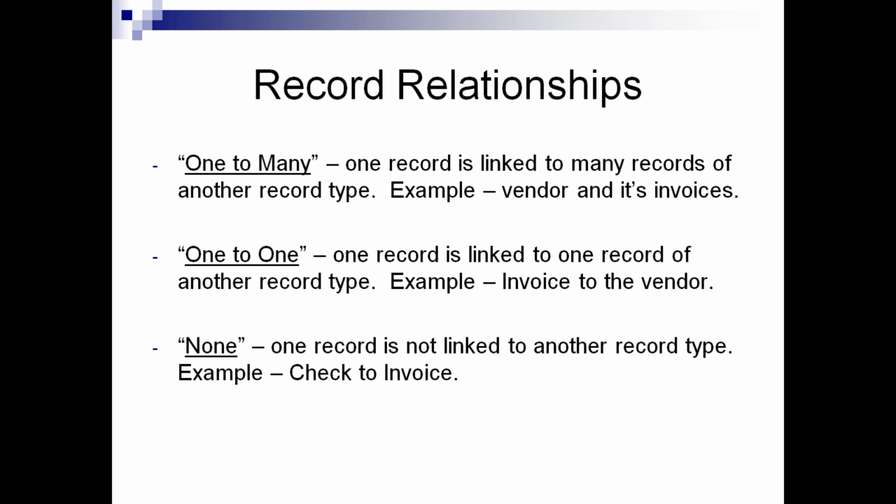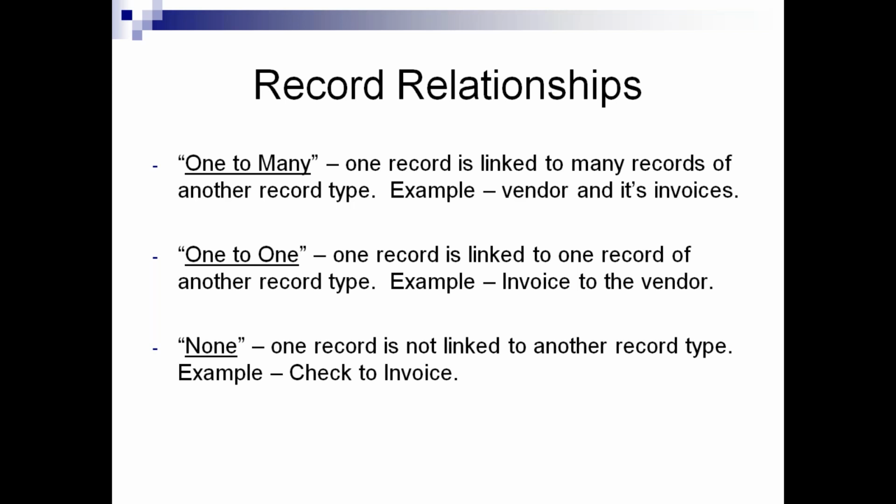Versus none, which this is going to come into play today when we talk about functions. You may be pulling records into a report that have no relationship with each other. And so what we will try to do in that case is we'll try to build that relationship with a function or a formula. And the example I'm giving here is check to invoice.